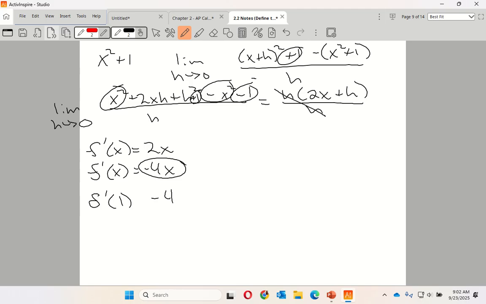And the other one right here is going to give me a positive 2. So what that means is my slope is going to come down. It is a negative 4 on the left side, so it's going down pretty steep. And then at 1, it also changes to be like this. So this is going to be a pointy point.